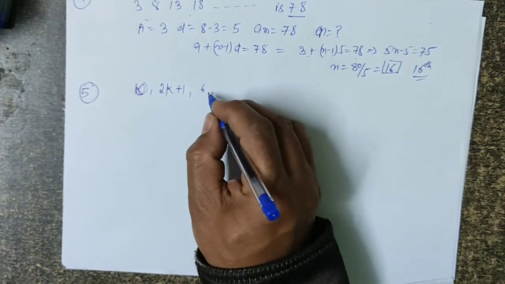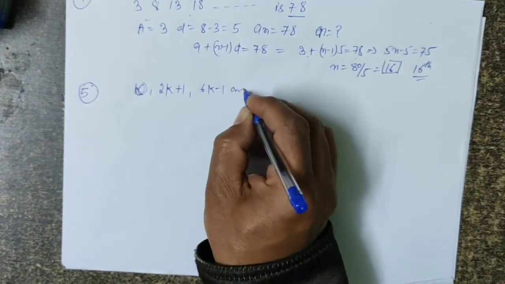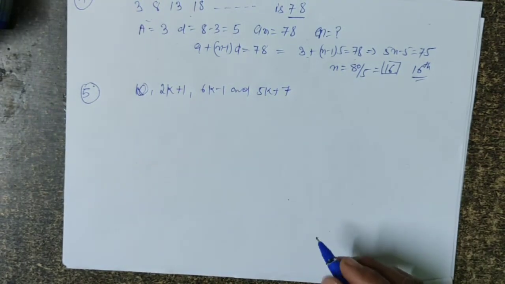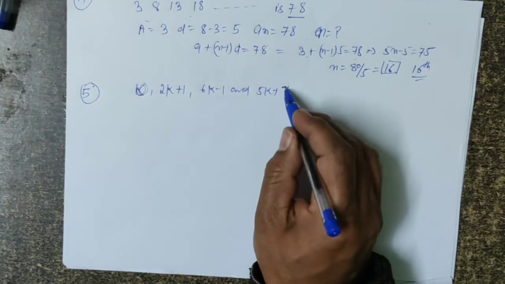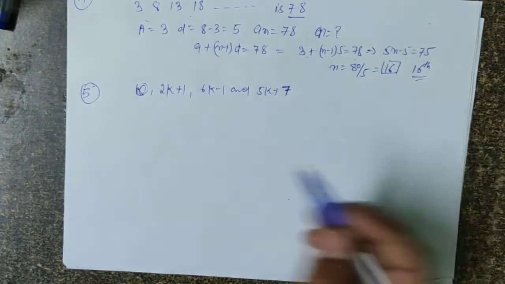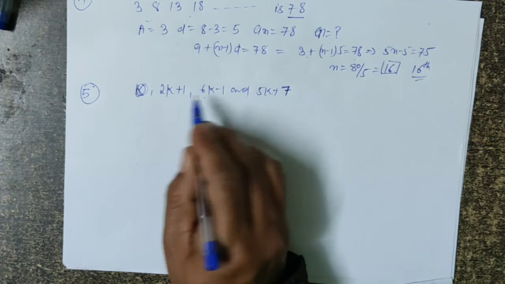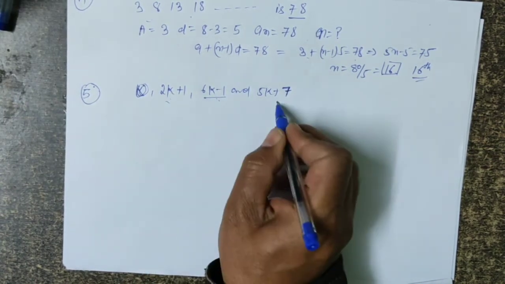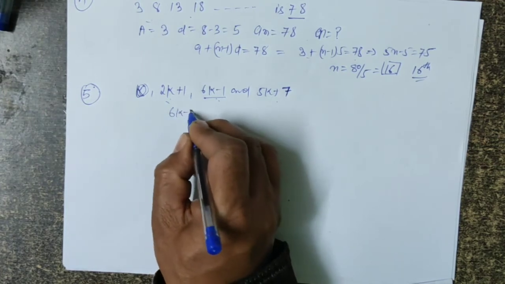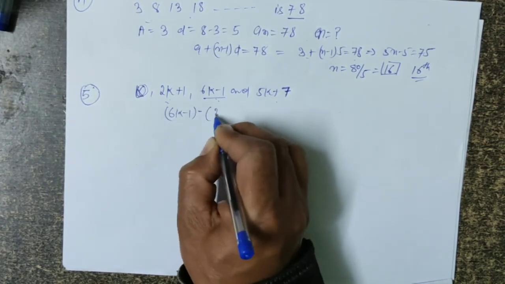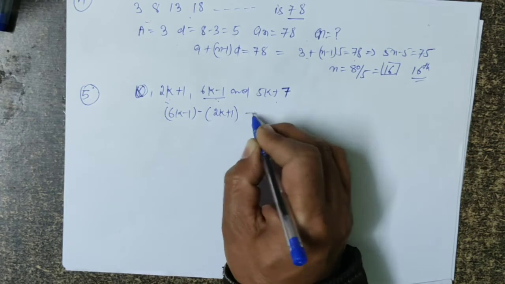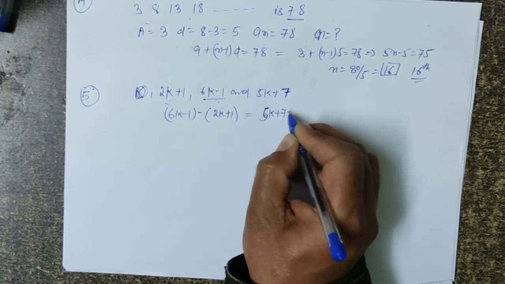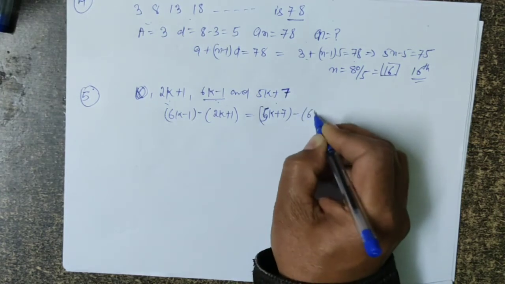Go for the fifth question. k plus 1, 6k minus 1 and 5k plus 1 are the first three terms of an AP. It is not necessary to say first three terms, these may be three consecutive terms. Simply, if these are three terms of an AP, then the common difference will be the same. It is A2 minus A1 equals A3 minus A2. Simply 6k minus 1 minus 2k plus 1 must be equal to 5k plus 7 minus 6k minus 1.